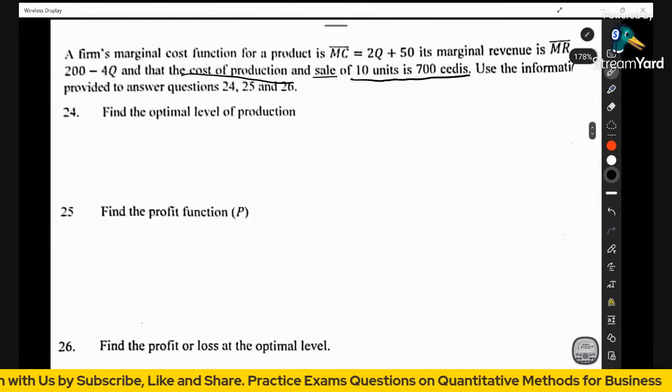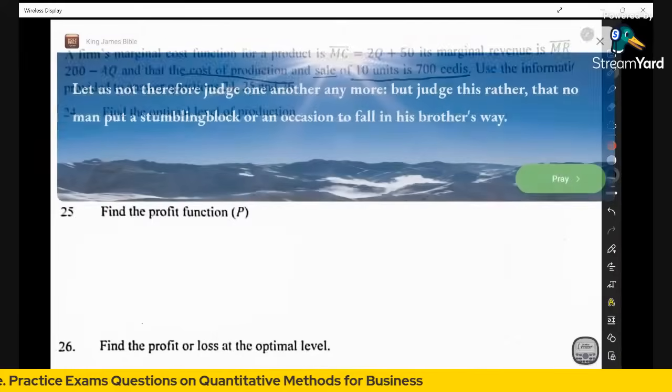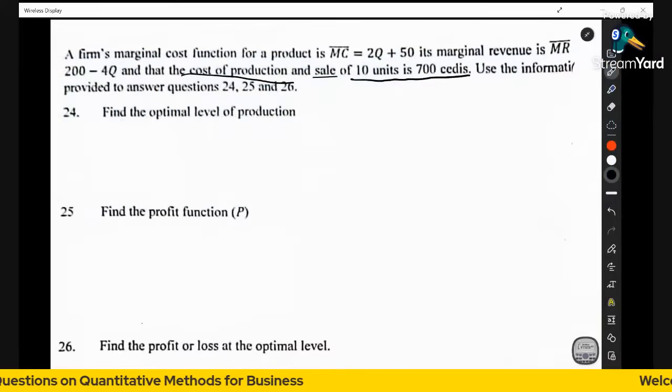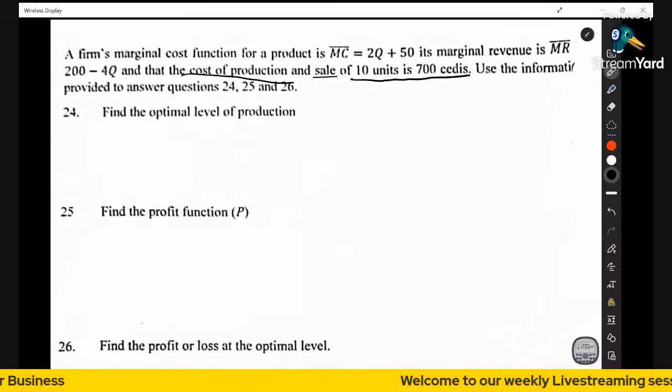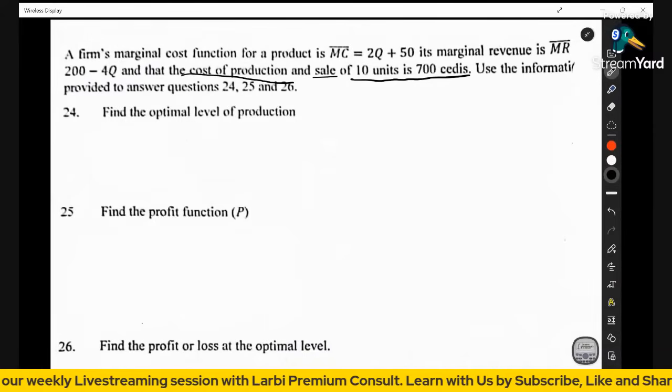So our first question is to find the optimal level of production. To find the optimal level of production, we say that our marginal cost should be equal to our marginal revenue.